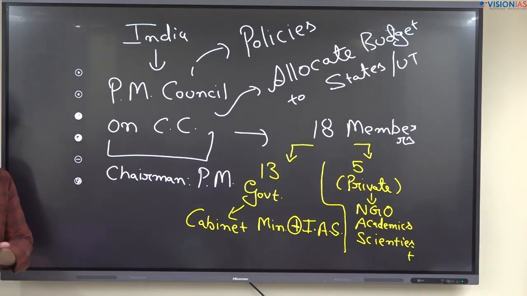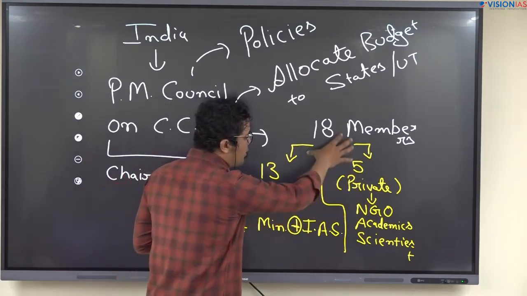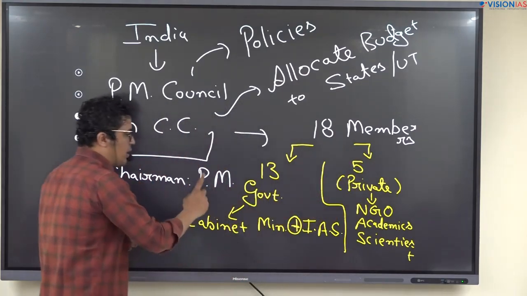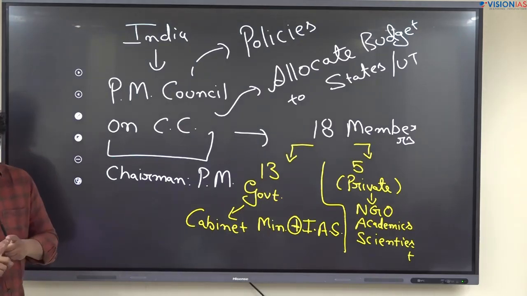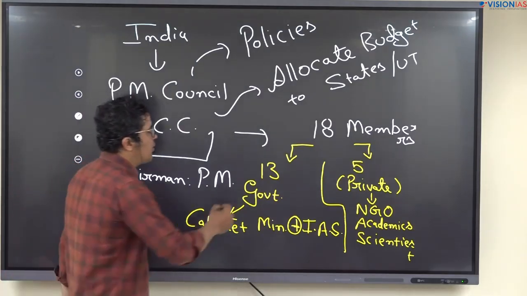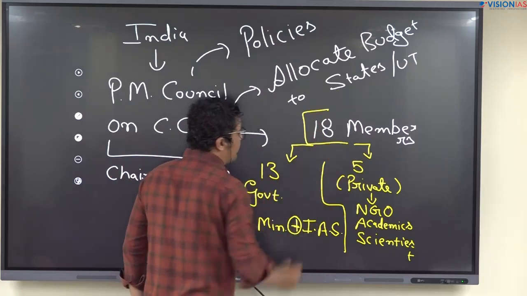Either their education is in environment, or they have done something significant with respect to environment. So those 5 members are taken into this council. 13 from government, 5 from private sector, so it consists of 18 members.